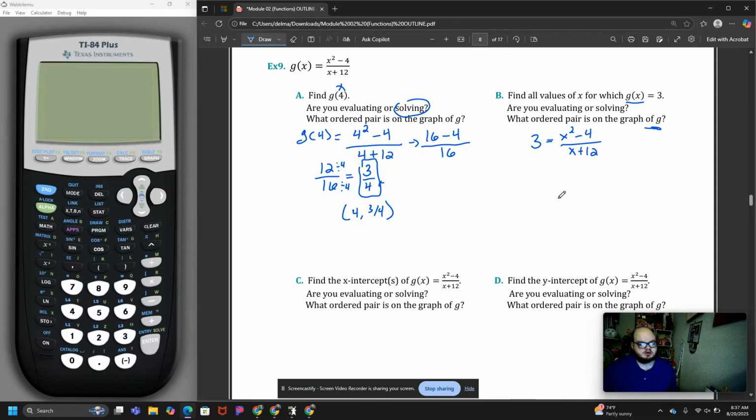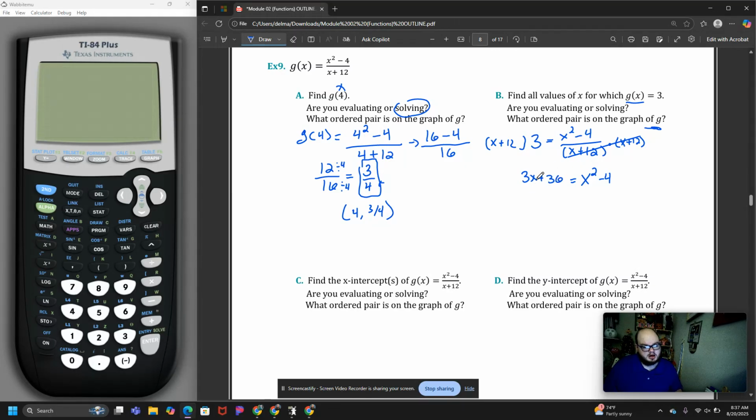This goes back to what we reviewed last week and how I don't like to have these fractional pieces, and I can just multiply it out by multiplying on both sides. And then, you know, kindly distributing. So that means all I've got over here is x squared minus 4. This will be 3x plus 36.